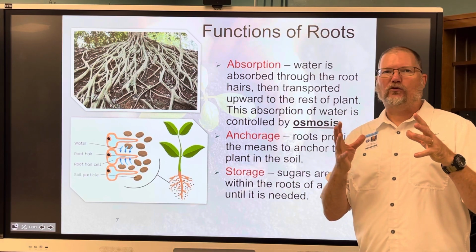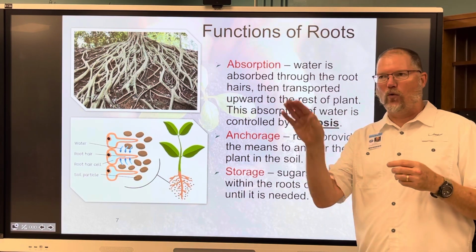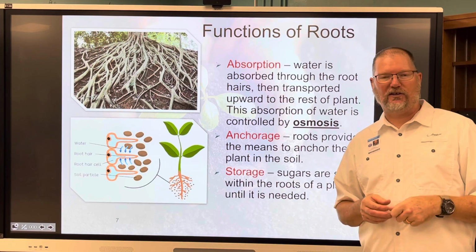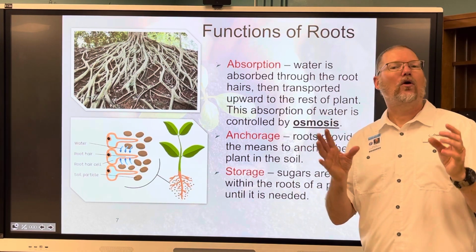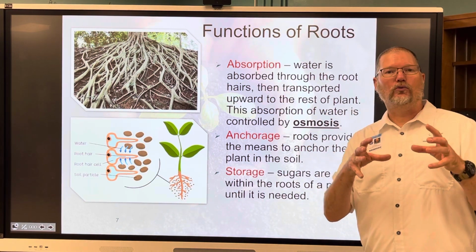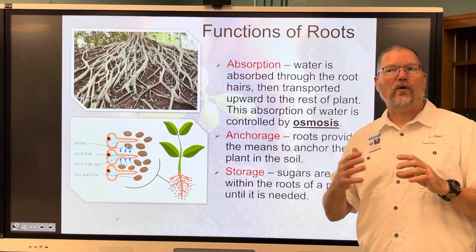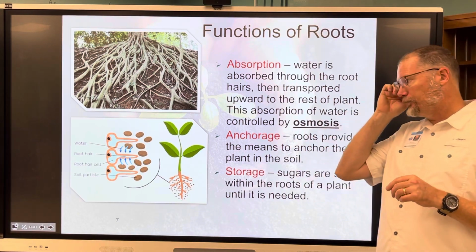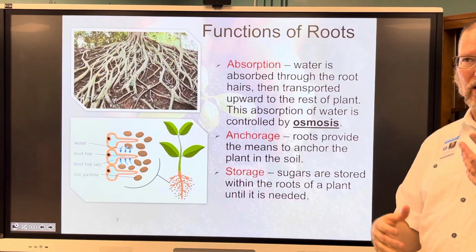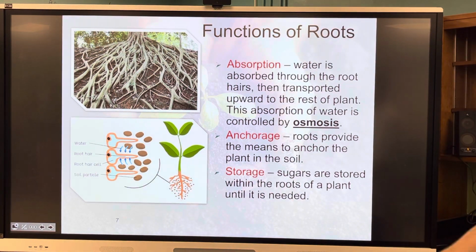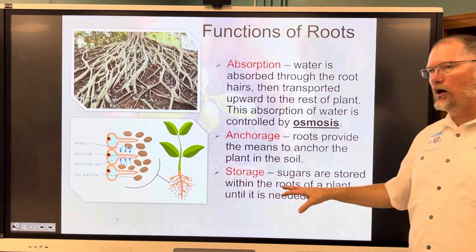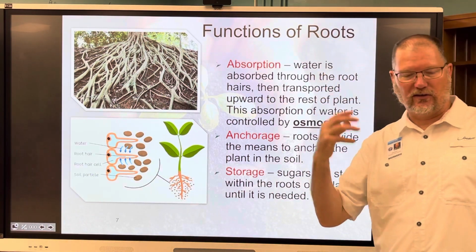That's why there's signs on the dunes: do not walk on the dunes at the beach, or do not pick the sea oats, because those plants are holding that dune together from washing away and from erosion, okay? So they also have that purpose in the environment. And of course, they store food that the plant makes in its leaves.